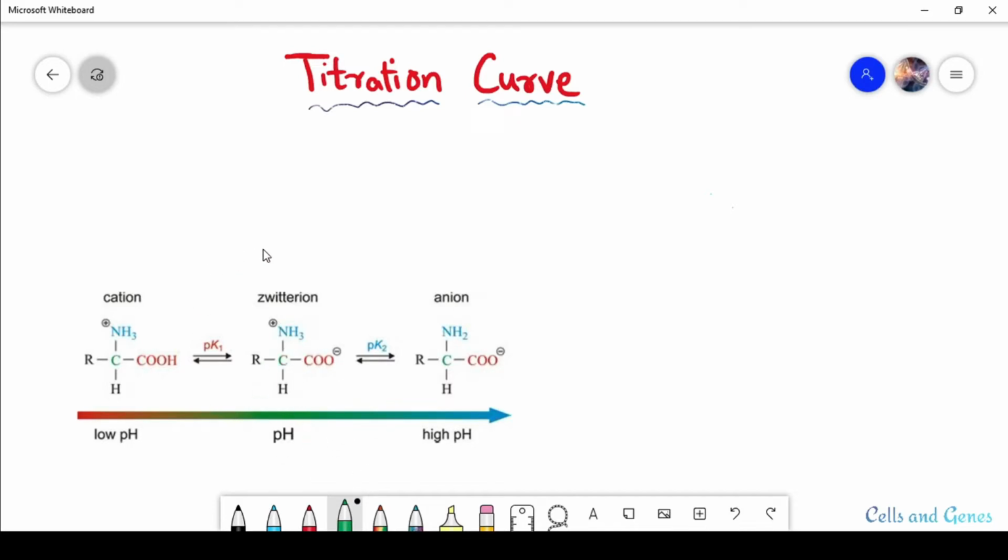Okay, we know that the Zwitter ion is in a dipolar state. It has both positive and negative charge. At very low pH, it will act as a proton acceptor, and at very high pH, it will act as a proton donor.